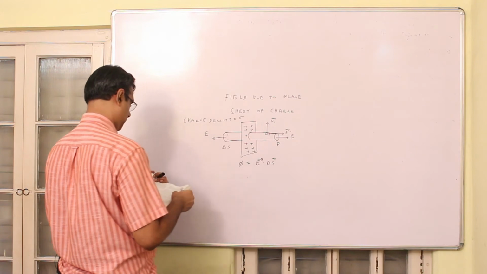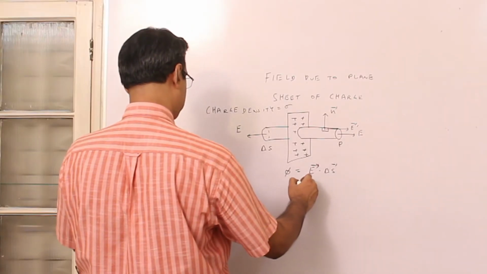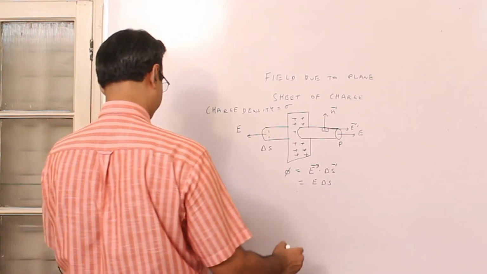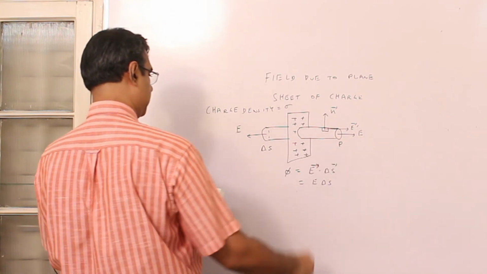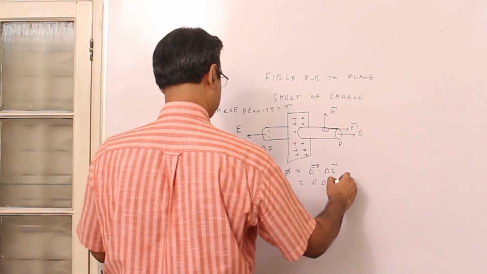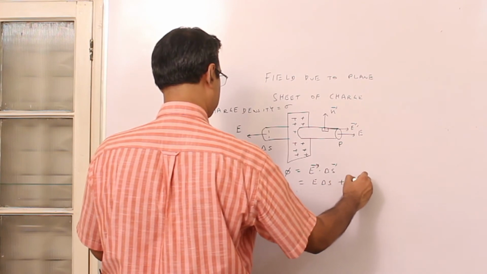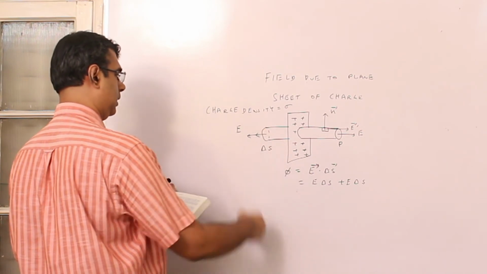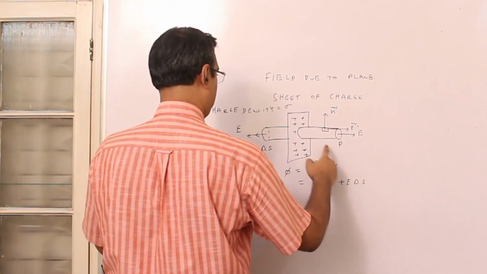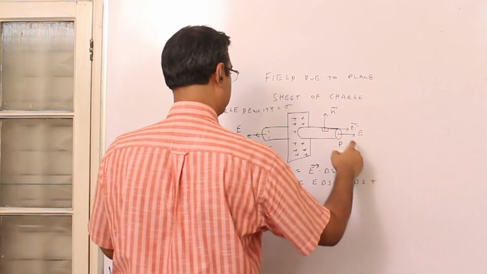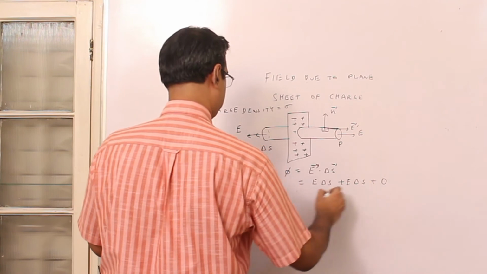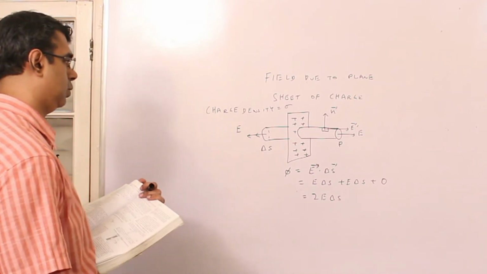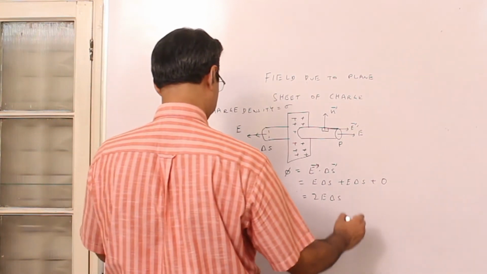So the flux through this cylinder is E dot delta S, that is equal to E delta S. Now this is for this end of the cylinder, and similarly there will be another E delta S for the other end, because you can see that here also E and delta S are collinear just like over here. And for the curved surface, everywhere the field and area vector are perpendicular. So that means the total flux through this entire cylinder is 2 into E into delta S.